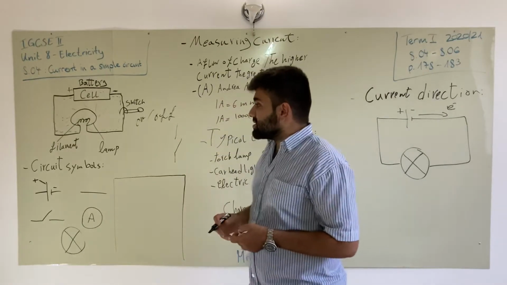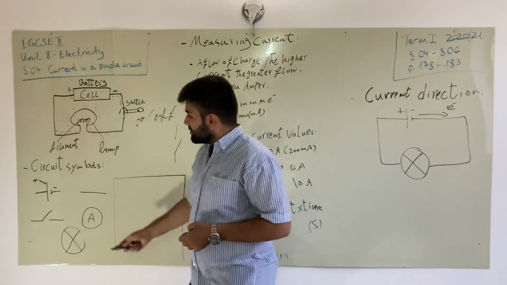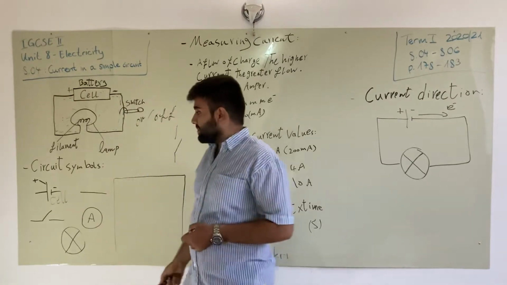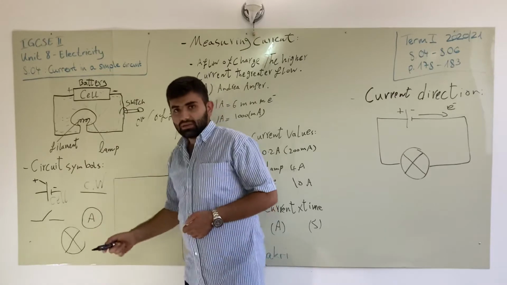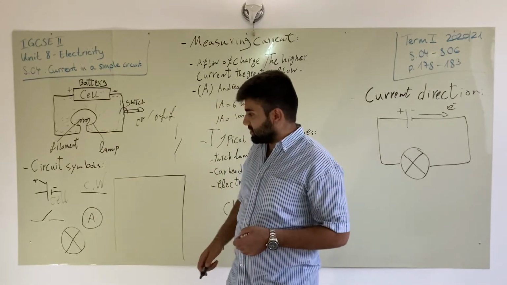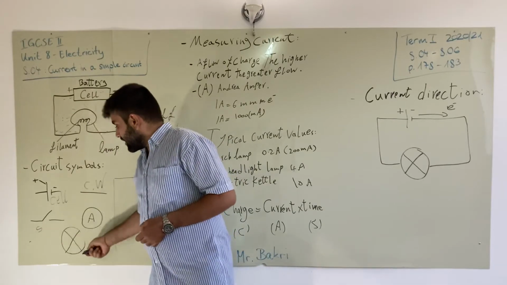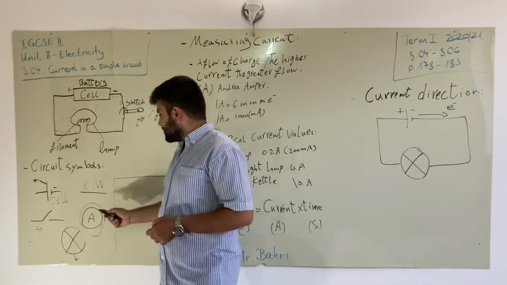Also, there are circuit symbols, as you can see here. This symbol is for the cell. This is for the connecting wire, which can be copper; most of the time it's copper or aluminum. Here is the switch, here is the lamp, and here is the ammeter.